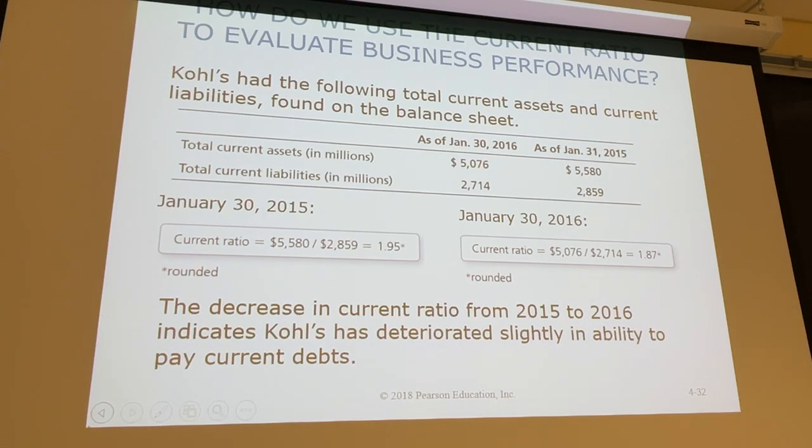Now, that's not always the end of the world. Maybe you have a line of credit that you can draw on when you need more liquidity or something like that. But as a general rule, you want the current ratio to at least be more than 1. So in the case of Kohl's, it looks like it's okay, but it's getting a little bit worse from one year to the next. So it's still something that they would probably want to keep an eye on to see what's going on there in that case.